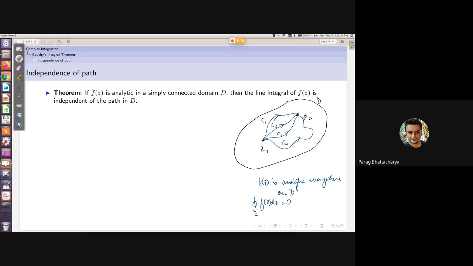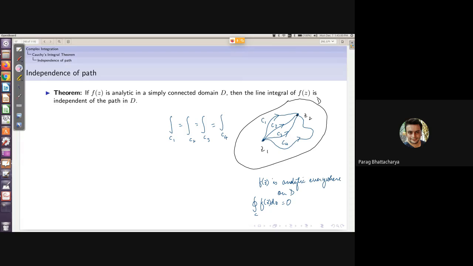So long as the endpoints remain the same, the integration over C1 equals the integration over C2, which equals the integration over C3, which equals the integration over C4. The path does not matter so long as the endpoints remain the same. So the line integral of f is independent of the path in D.